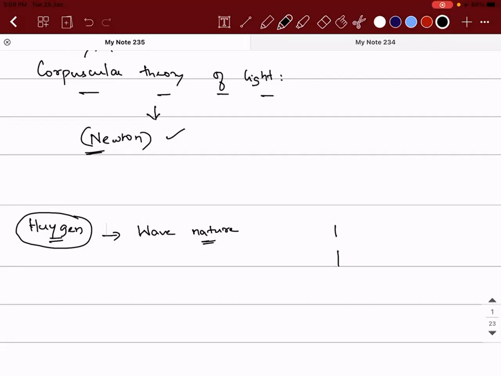Suppose there is a small opening and there is a wall. Let's say this is the opening of a room and this is a wall. If light rays are falling on this, had light been of particle nature, then all these particles would have gone and fallen on the wall, means only this part of the wall would have been visible.